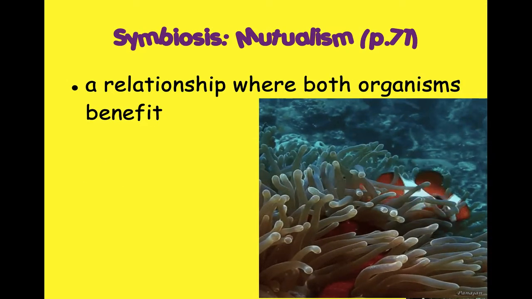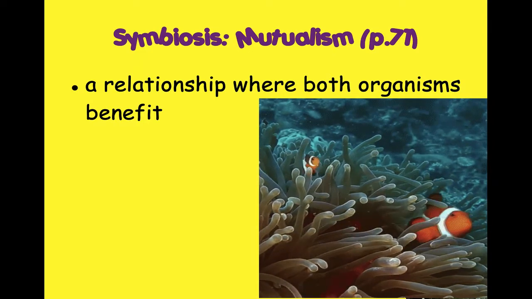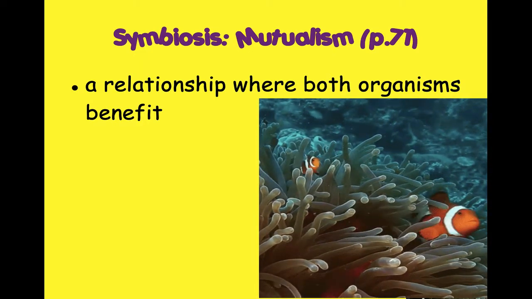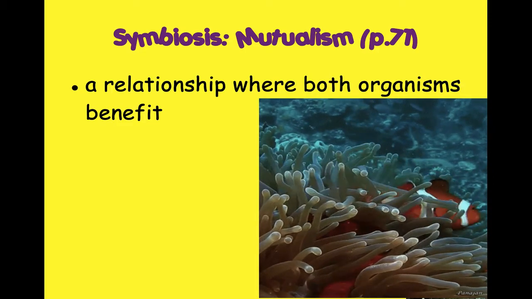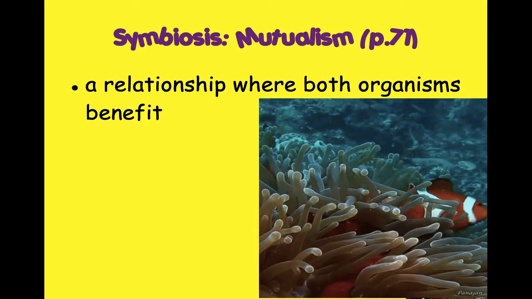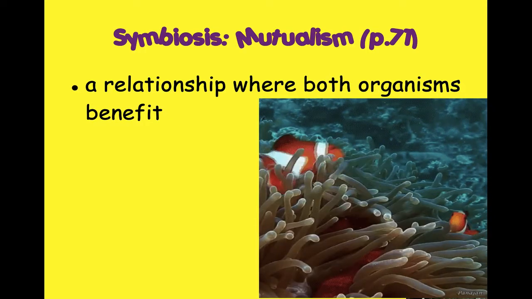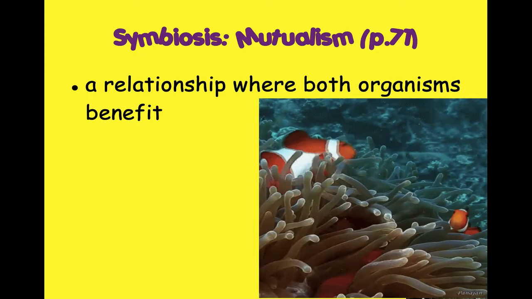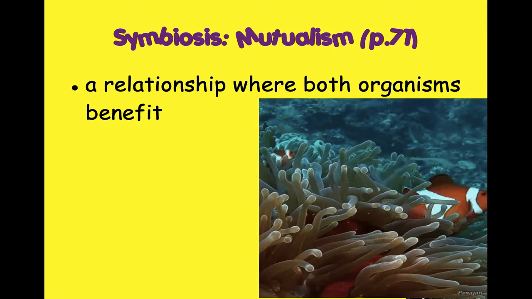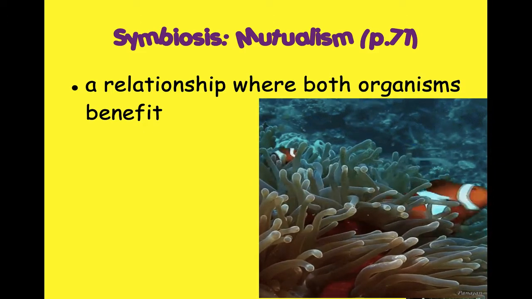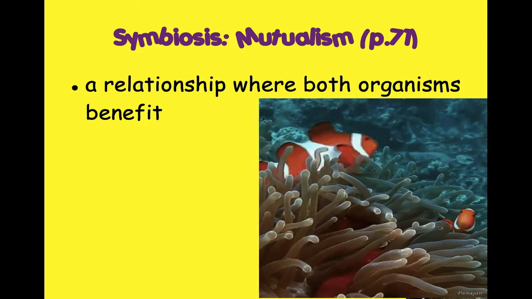So mutualism, by definition, is a relationship where both organisms benefit. We talked about the moray eel and the shrimp. And in this GIF, it's the sea anemone and the clownfish. This is another example of mutualism. And how is that? Well, the sea anemone has these stinging chemicals, and it chases away fish.